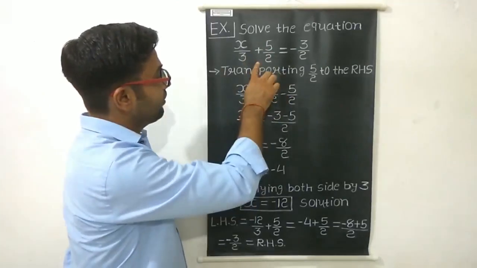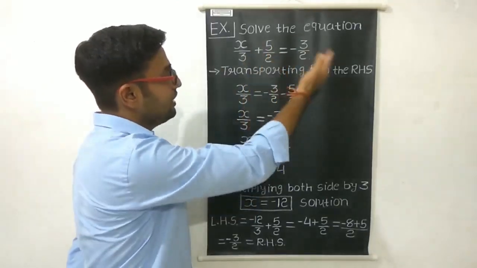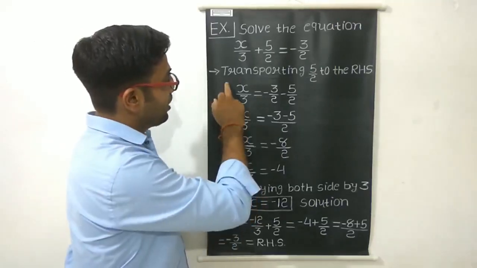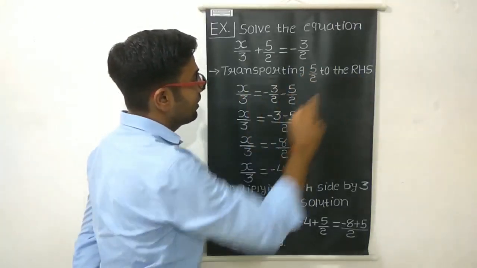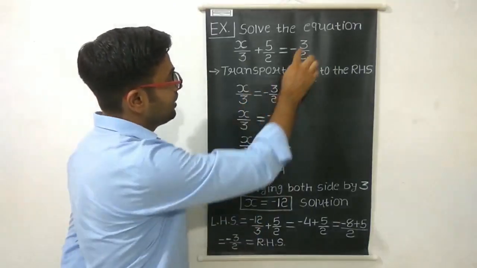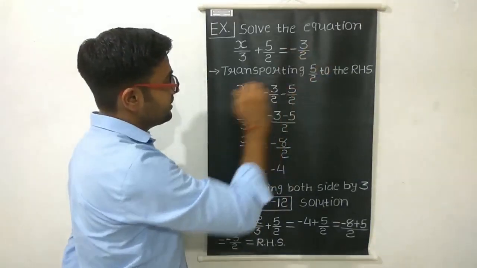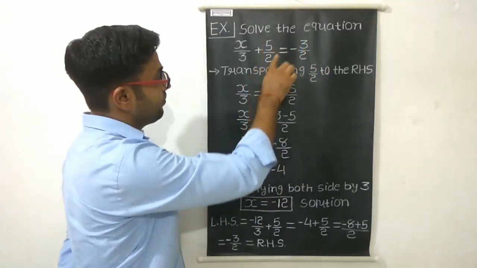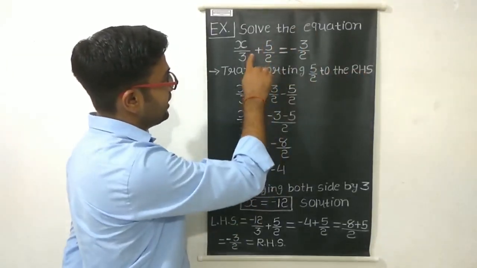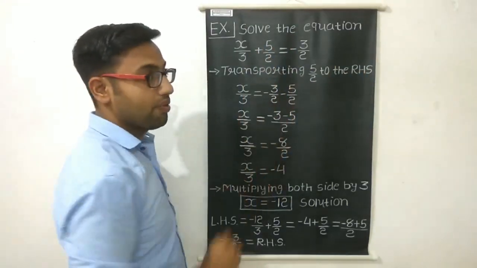So here what we have to do, take this 5 by 2 to the right hand side. So transporting 5 by 2 to the right hand side, x upon 3 is equal to minus 3 upon 2 remains as it is. This term 5 upon 2 goes to the right hand side, its sign will be changed, minus 5 upon 2.